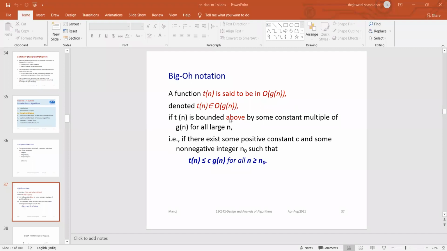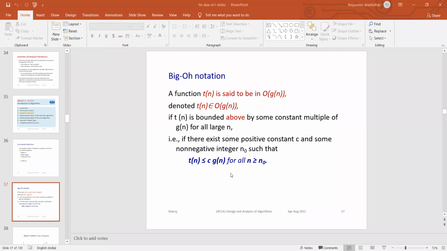If T of n is bounded above by some constant multiple of G of n, then we say T of n is less than or equal to C times G of n, for all n greater than or equal to n naught.